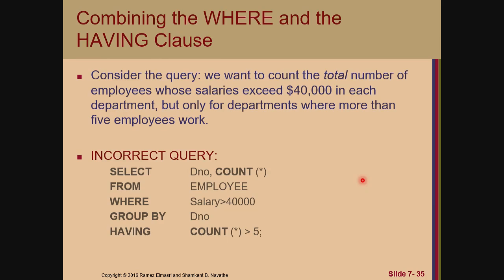What else? Combining the WHERE and HAVING clause. Consider the query. We want to count the total number of employees whose salary exceeds 40,000 in each department, but only for departments where more than 5 employees work.